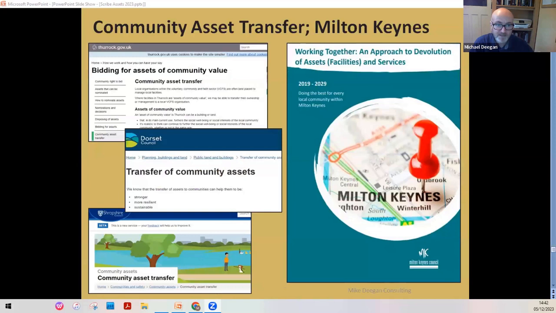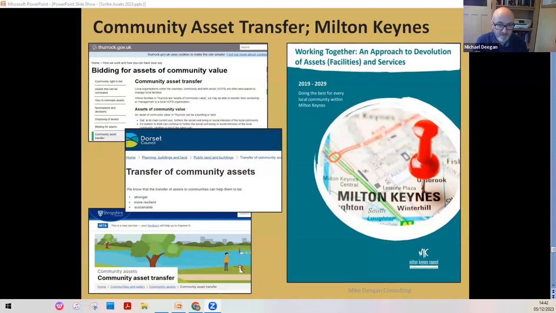Okay, just a few more slides to go now. I've talked about community asset transfer, and it's often confused or lumped together with ACVs. But it is a scheme that's a lot more successful. Since 2006, government legislation has been strengthening community asset transfers, or CATs.